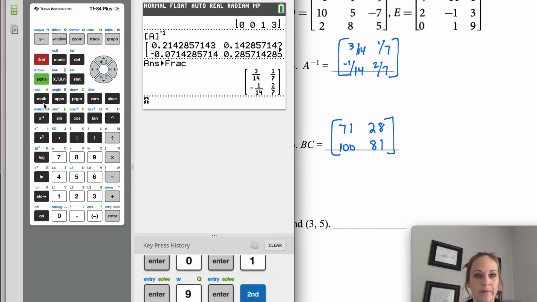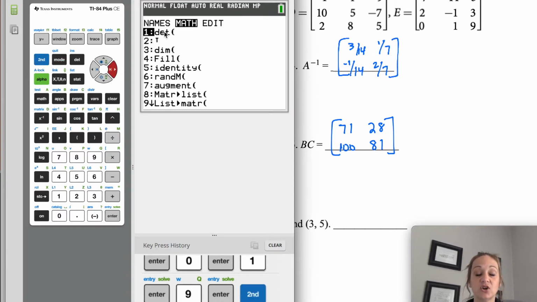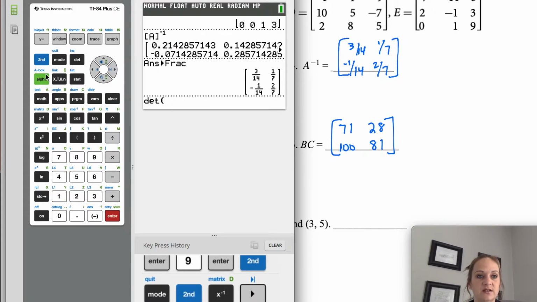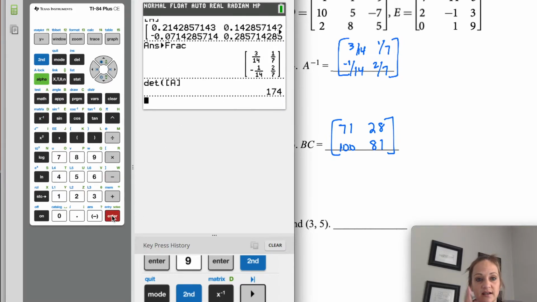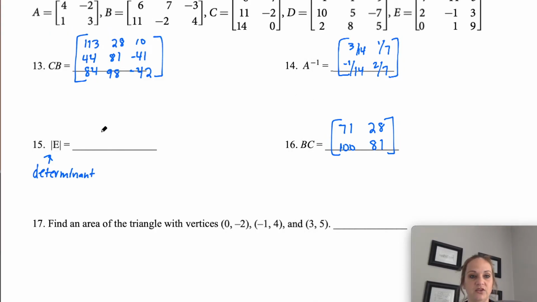Quit. Go back into matrix. I want the determinant. Absolute values mean the determinant of the matrix. And I edited the first matrix again. So hit enter, enter, and 174 is going to be your answer.